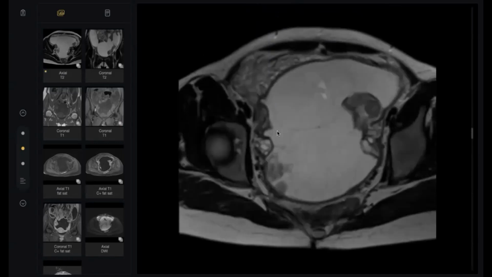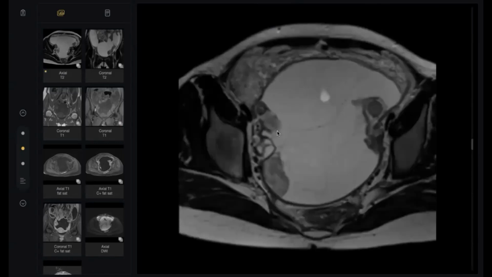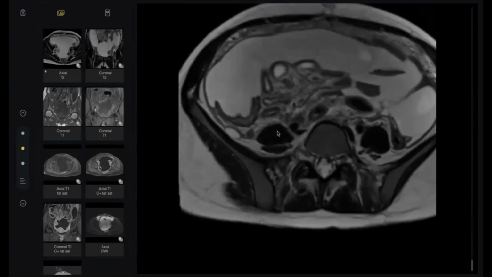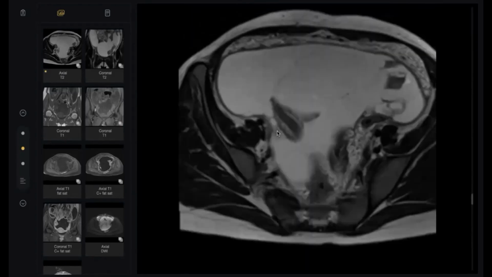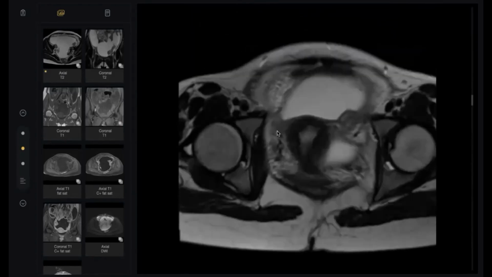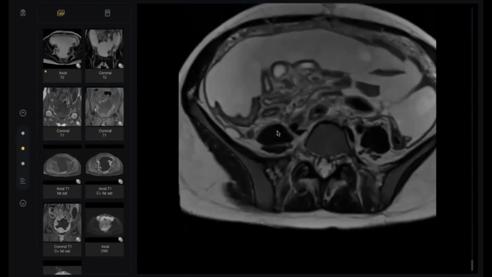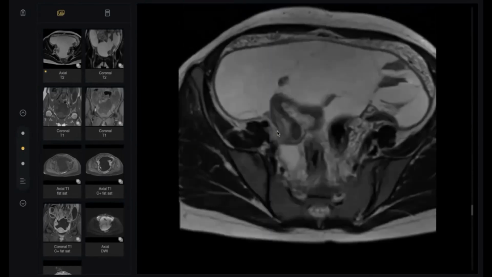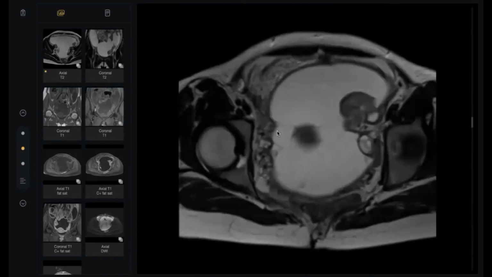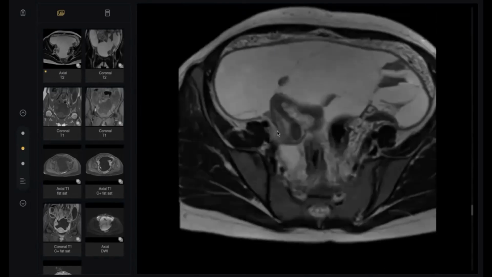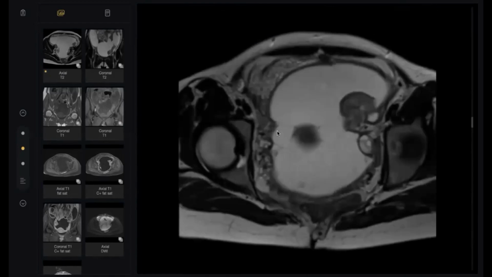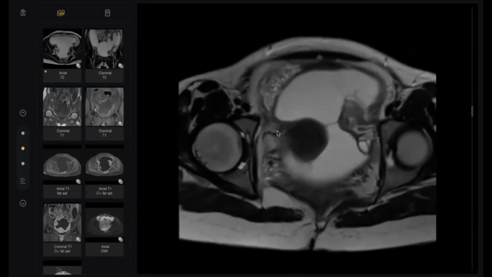The same findings are redemonstrated, but the nodules are also noted. I can keep the differential of an ovarian lesion with metastasis to the peritoneum, and omental caking is also seen. So both features are seen.